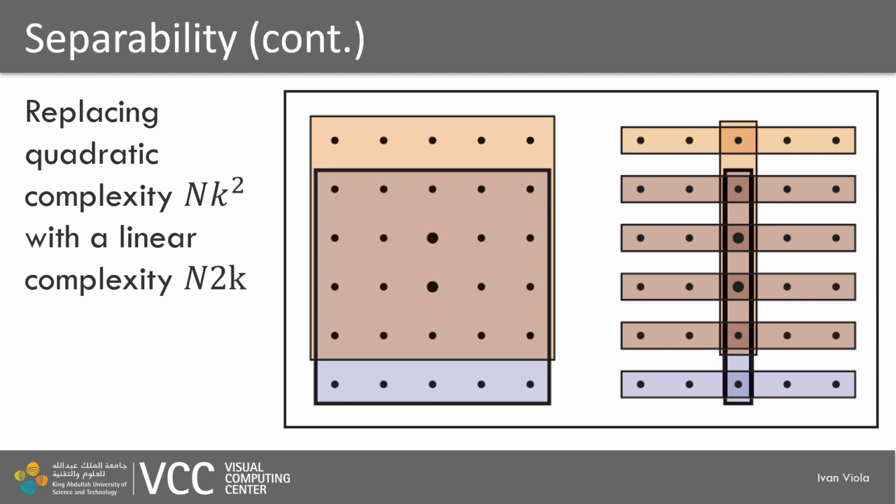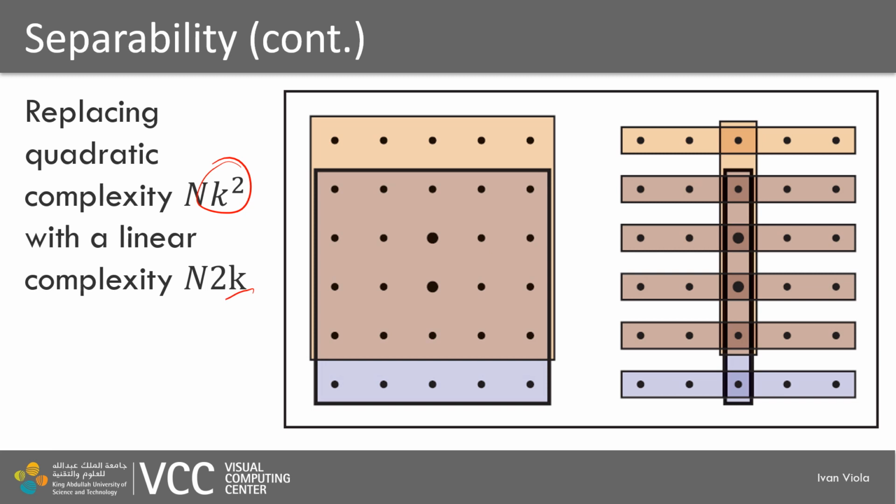So if we are filtering in two dimensions directly, we will need to have access to k-squared neighbors in principle, while if we are filtering first in the x dimension and then in the y dimension, then we need for each dimension only access to k neighbors.